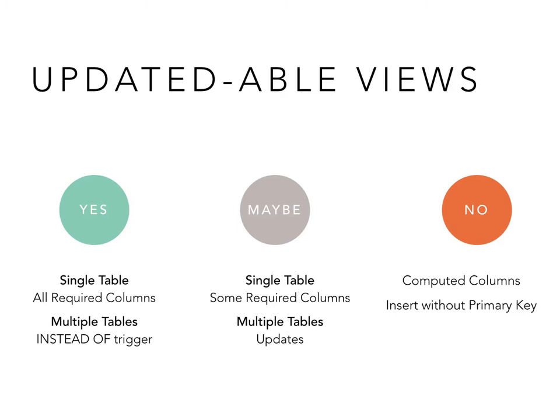So if there are required columns missing, then you can update and delete, but you couldn't insert. On multiple tables, you might be able to do updates if the rows can be uniquely identified. And as I said, if you have computed columns, you're not going to be able to update those, and you can't do an insert without a primary key. So if the primary key isn't included in the view, then there's no way you could insert a new value. All right, that's enough on views.